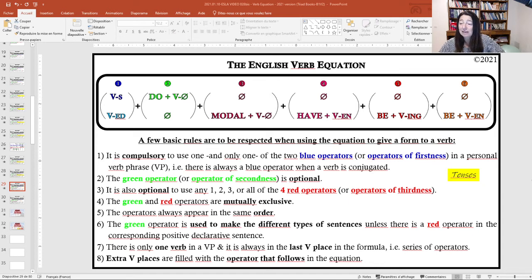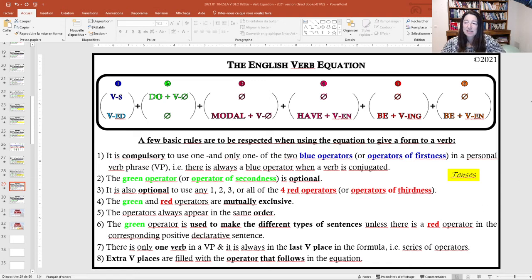So basically we are left with number one here, VS and VED, and also two red operators. And the combination of these three couples of operators is what enables us to create all the tenses that exist in English.